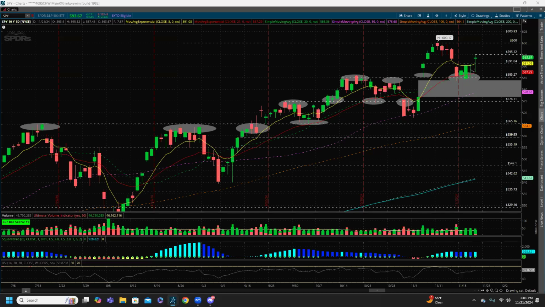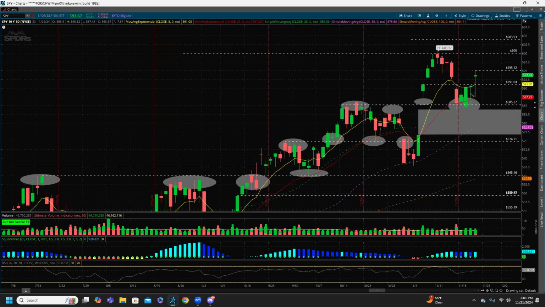Exactly. How long did it take me to identify that trade plan? Not long. Are you guys doing this the night before? Be honest. Why not? Why aren't you guys doing this?